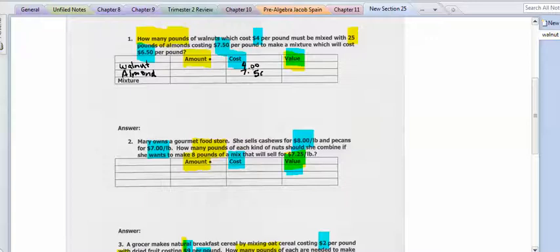Okay, so now we have our mixture. But it says we're going to use 25 pounds of almonds, so I need to put 25 pounds right here. And it says they want to make a mixture that will cost $6.50 a pound.